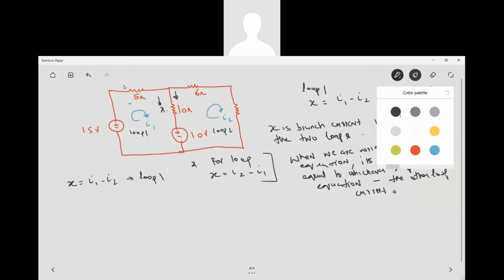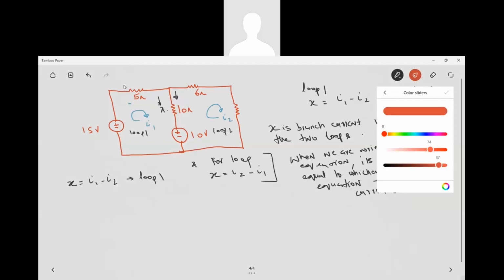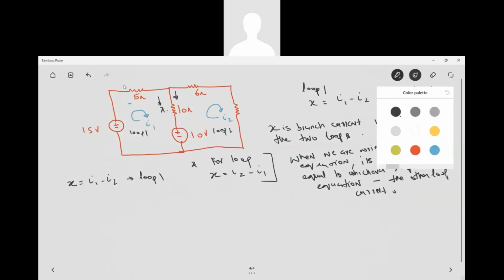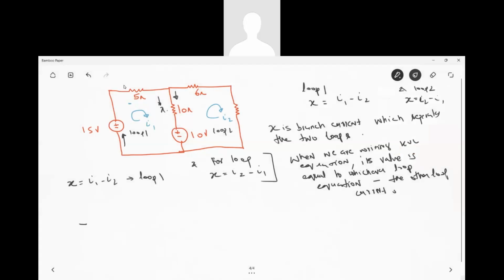Now you write the KVL. Start writing the KVL equation. See, minus 15 volts, correct. Here the polarity will get established by the plus minus. In short, remember that across a resistor, it is always positive.